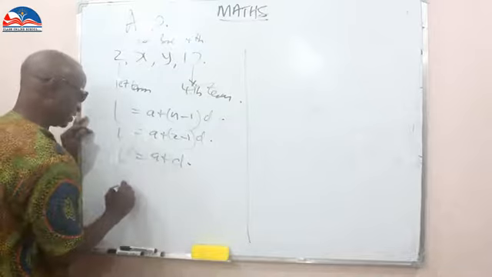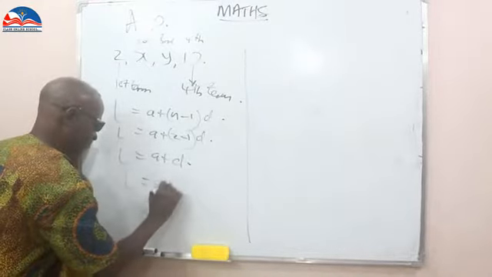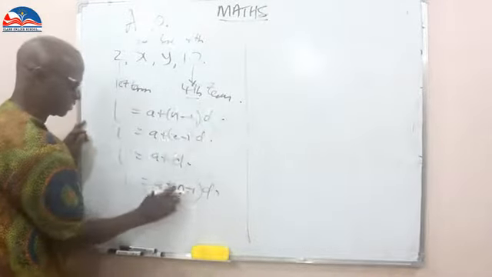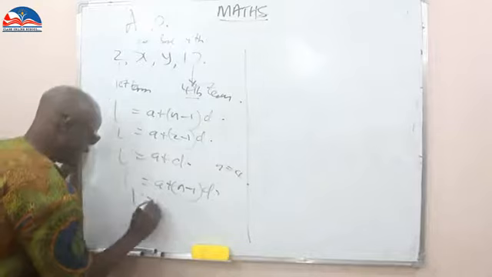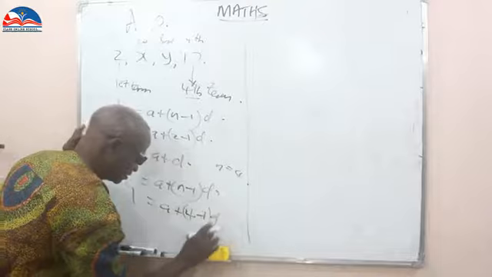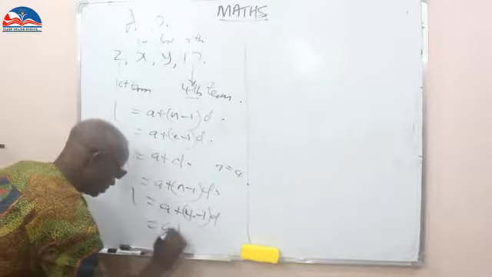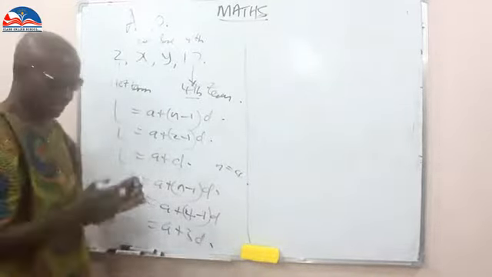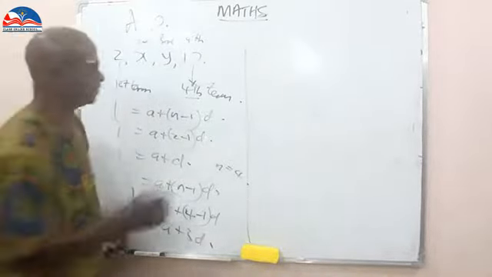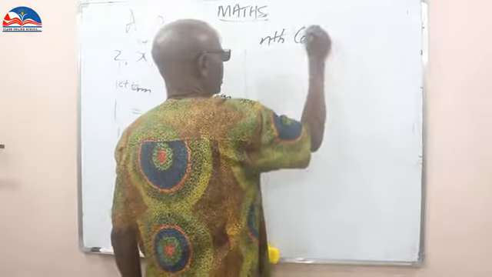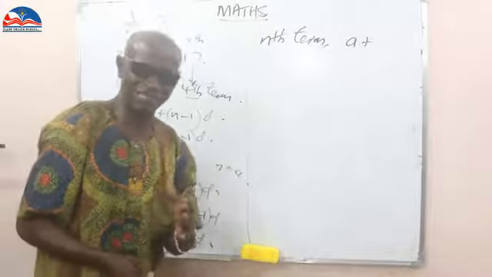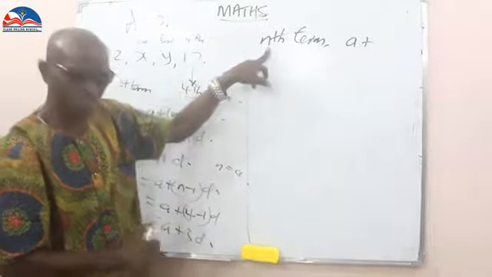Now for the fourth term, L equals A plus n minus 1 times D. Here n will be 4, so L equals A plus 4 minus 1 times D, and that will give me A plus 3D. What I want to show here is that for any nth term, A must be there, plus the number of D's, which is the term number you want minus 1.